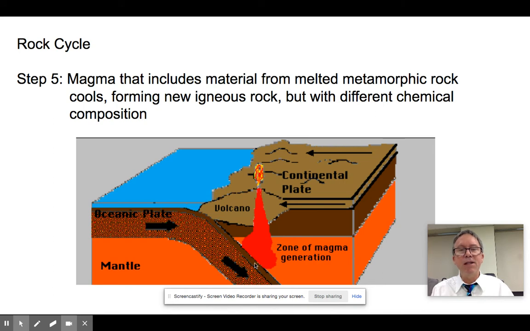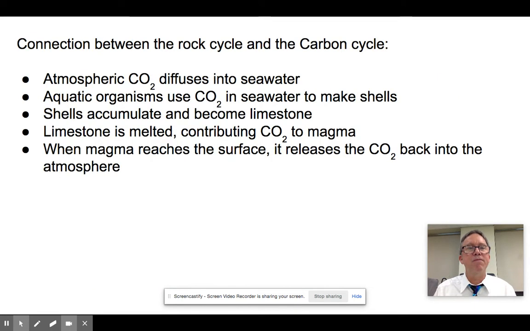Now I'm combining this with what was here. So basically, when the cycle is complete, I'm not back to where I started, other than that I'm back to igneous rock, but this igneous rock is going to have a different chemical signature to it. It's going to have different minerals present in different proportions because it's a different chemistry to that magma. But the cycle is constant. This has been going on since the world has cooled down enough to have solid rocks at the crust.